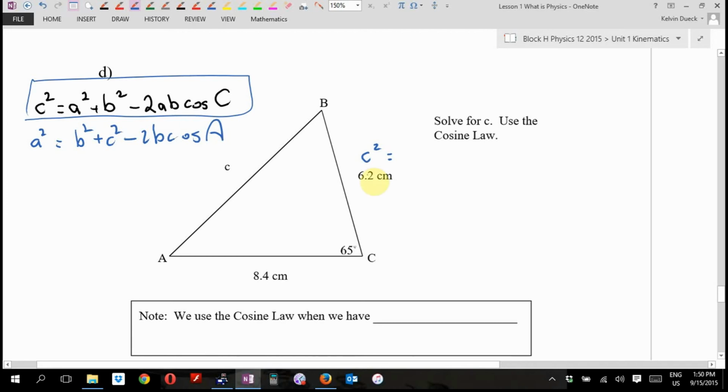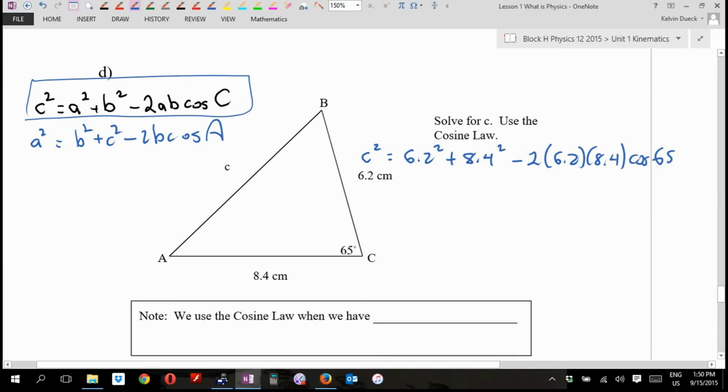Technically, a should be 6.2 squared, plus, technically, little b should be 8.4 squared. But you can really be sloppy. Minus 2 times 6.2 times 8.4 cosine 65.